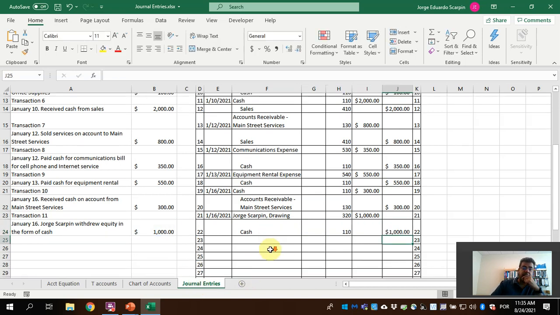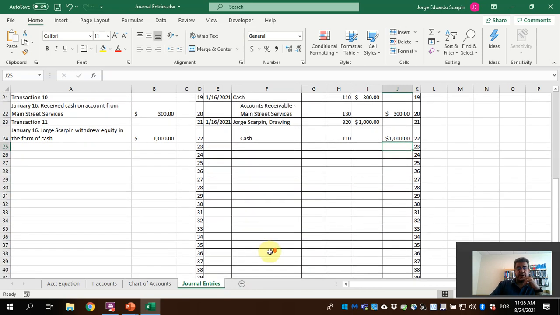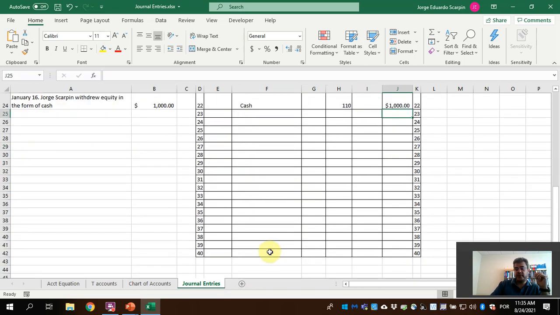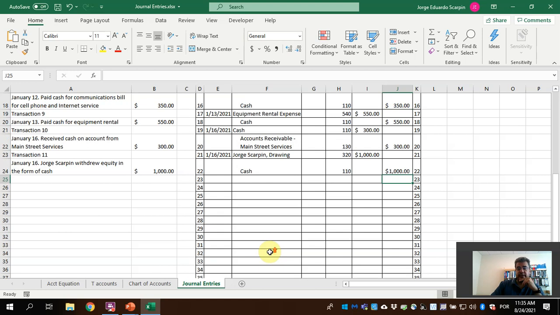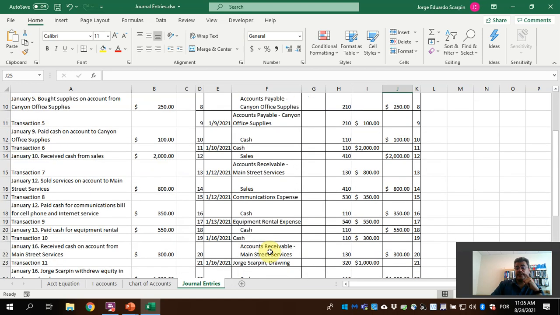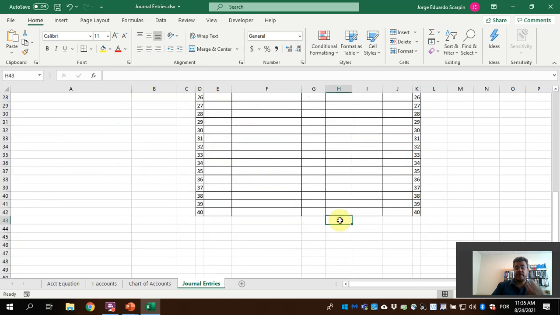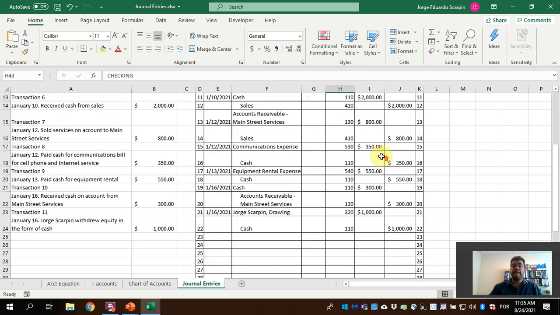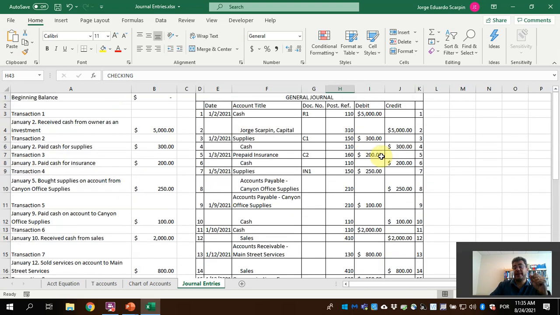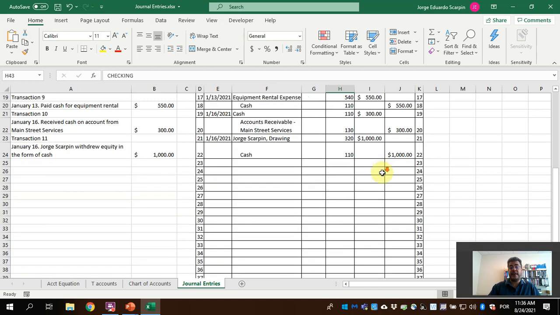And then we go back here, we move on here, empty rows until row 40 and so on. Nice way to double check if our numbers are right. So checking. We sum our debits and credits. Remember, double entry, the sum of debits must match the sum of credits.